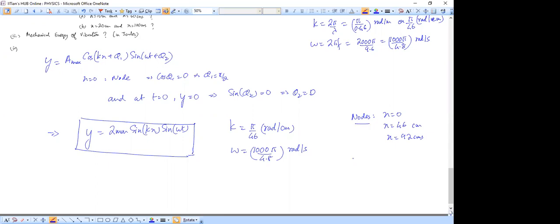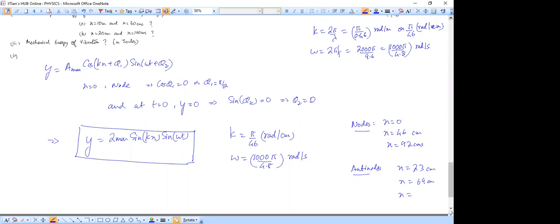And the antinodes will be at x equal to 23, x equal to, okay, and x equal to, no, I think I've got something wrong over here. Just a moment.